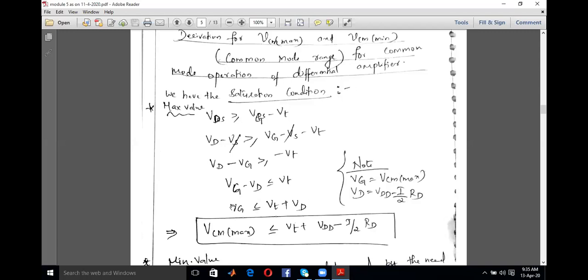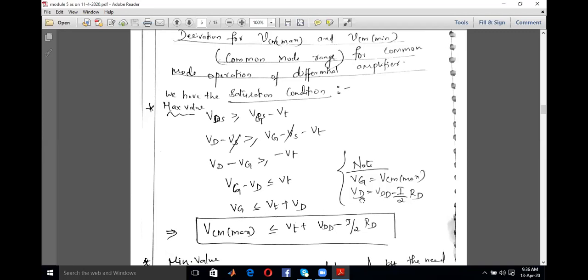That is, we have to get a gate voltage which should be less than or equal to VT plus VD. Less than or equal to means it is the maximum value, isn't it? So the maximum gate voltage should be VT plus VD. And you know what VD is? VD is the drain voltage, which is VDD minus I by 2 RD.